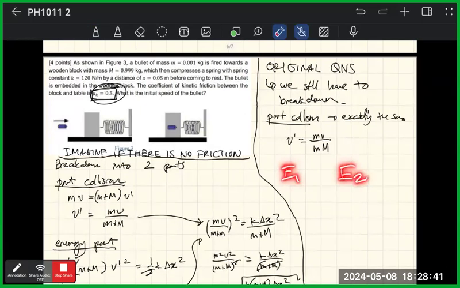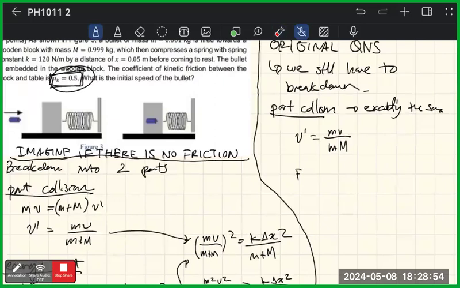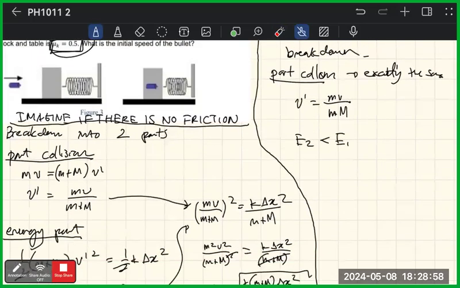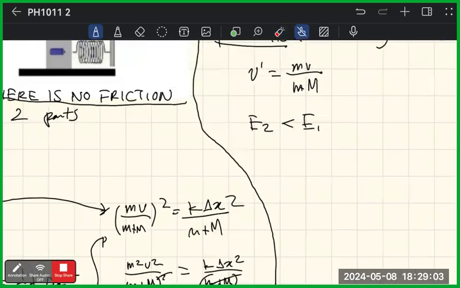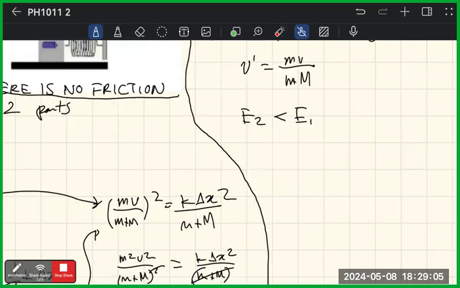What friction does is decrease the energy, because some of the energy is drained into the friction. So energy two is less than energy one. Some of energy one has gone to the friction, so we can just say that energy one minus energy two is the work done by the friction.